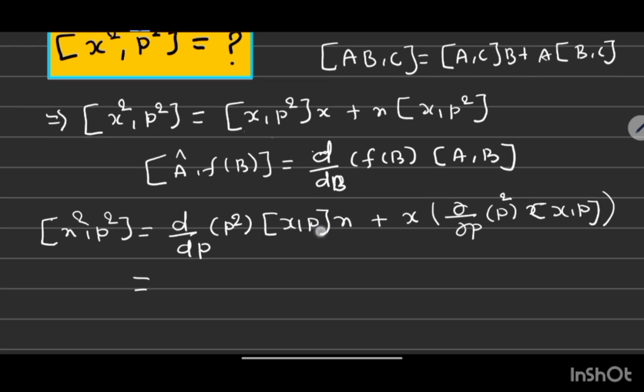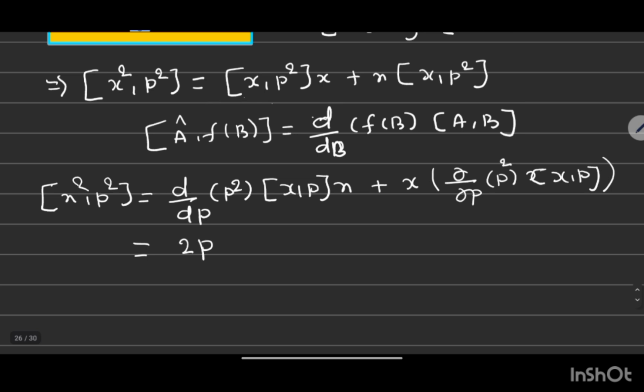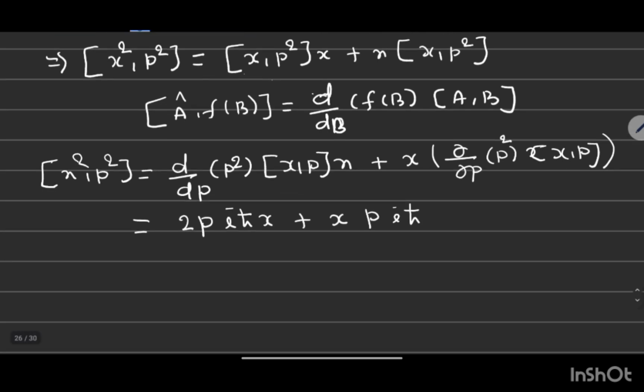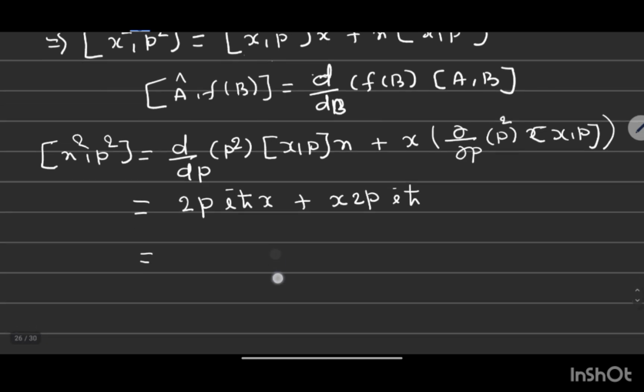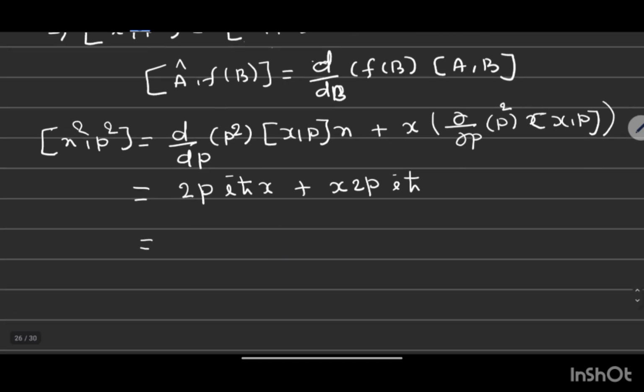What will this give? We have here 2p, and we know the commutation relation between x and p is i h cut. I h cut is a constant, so it will commute with any operator. Take it out commonly: 2 times i h cut. Here we have px and here we have xp. So this is the answer for the given commutation relation.